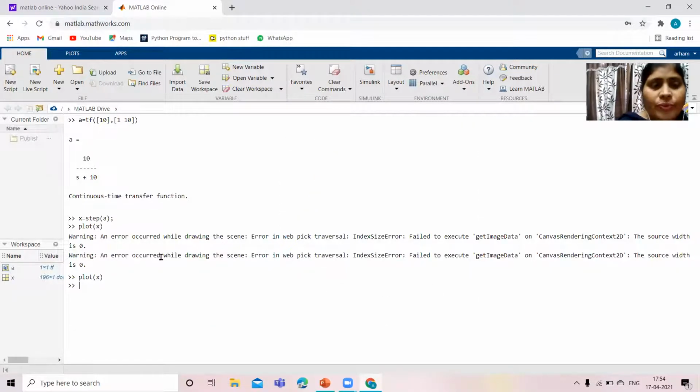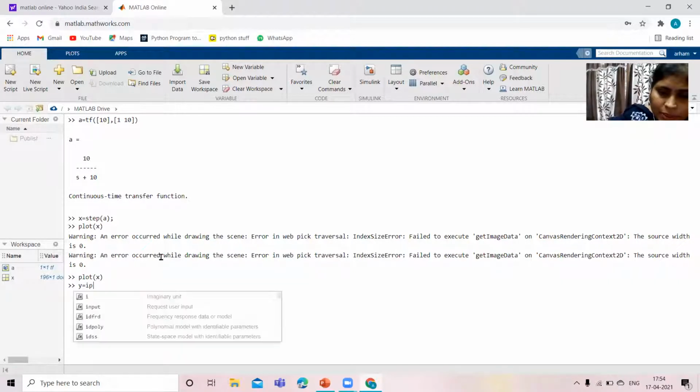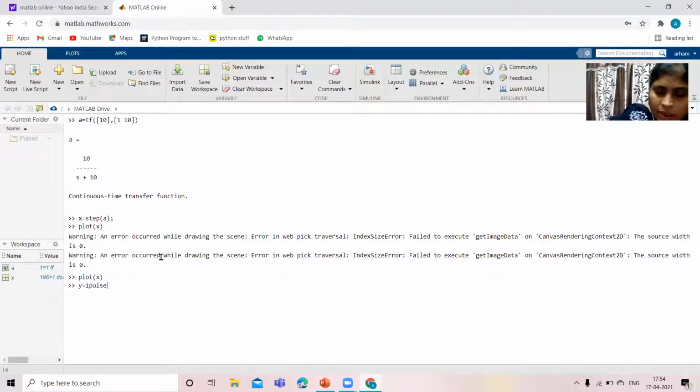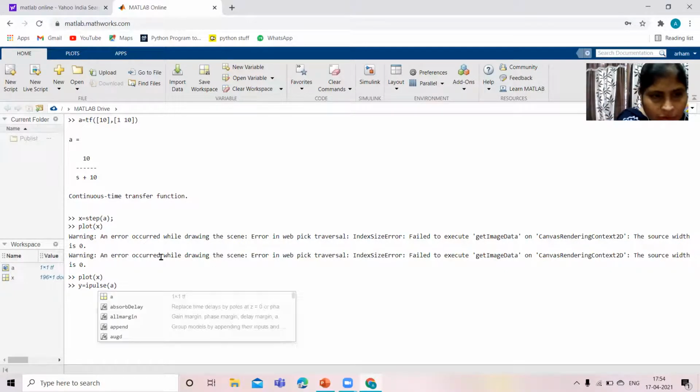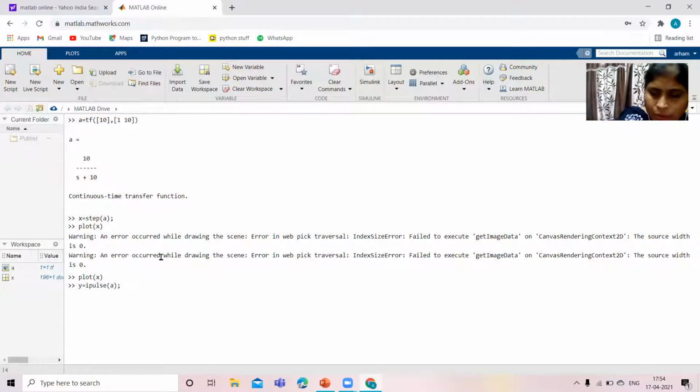Now I want to plot the impulse response. For this purpose, first I'm going to calculate the impulse response. Write the command impulse, within parentheses write A, the variable of the transfer function, and put a semicolon. Now the value of impulse is calculated.